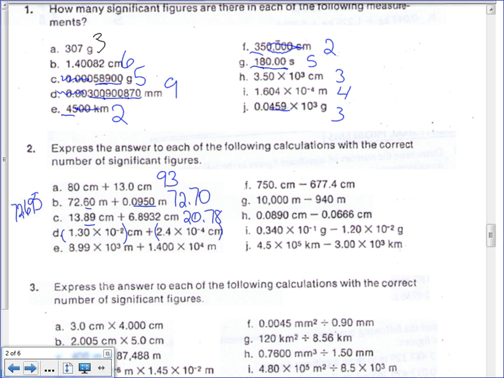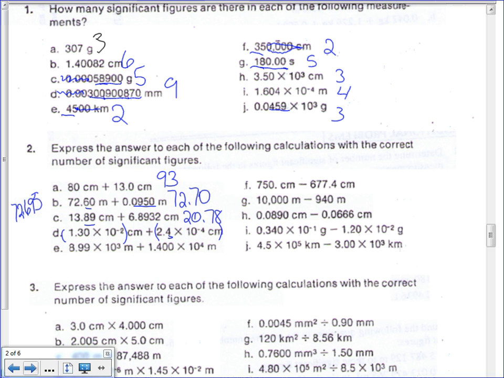1.30 has 2 decimal places. 2.4 only has 1 decimal place. So when we put this in our calculator and get an answer, we need to round it so it only has 1 place past the decimal. If you get an answer, you should probably put it in scientific notation.